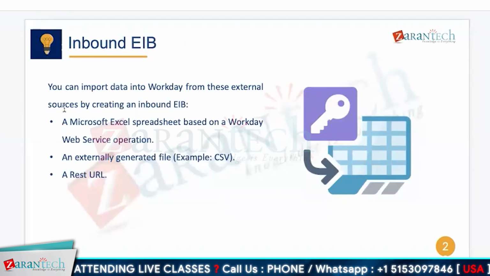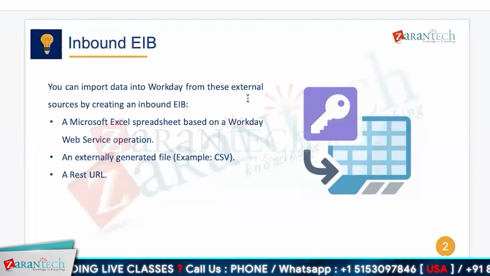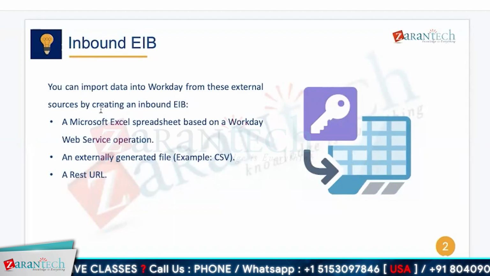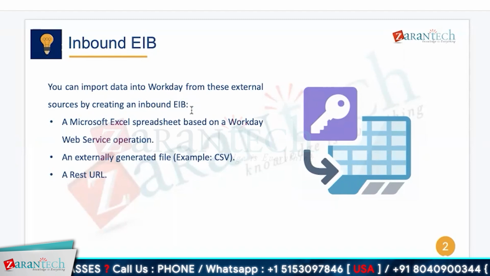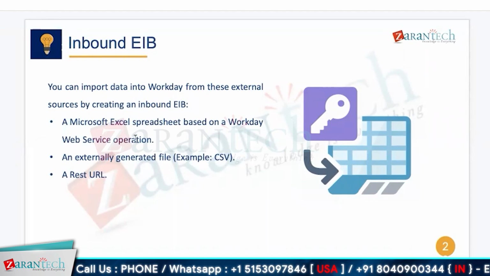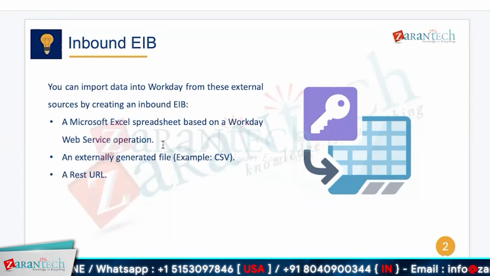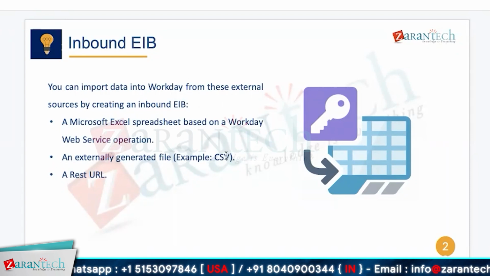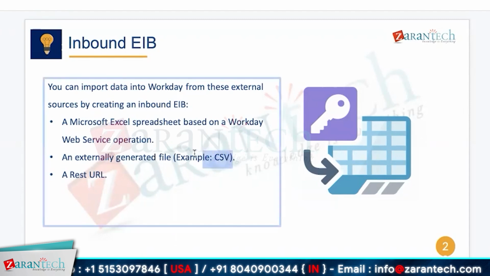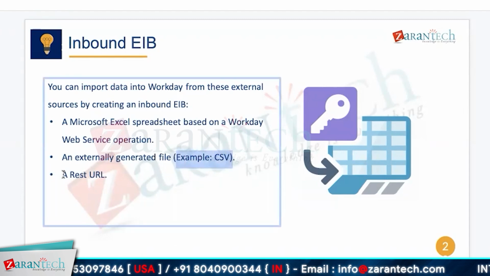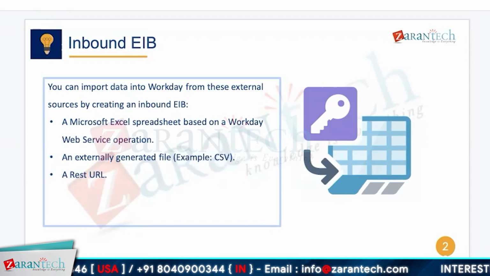As I mentioned, you can import data into Workday from these external sources by creating an inbound EIB: a Microsoft Excel spreadsheet based on a Workday web service operation, an externally generated file, which is a comma separated value file for example, or a REST URL.